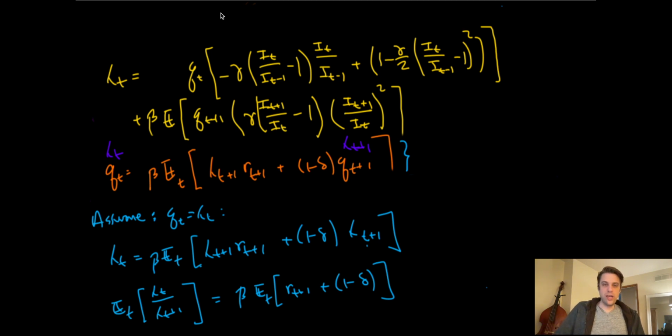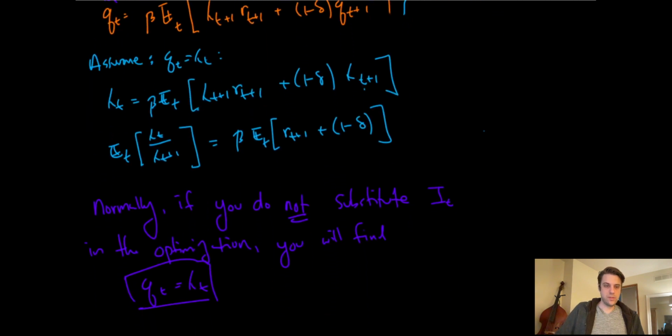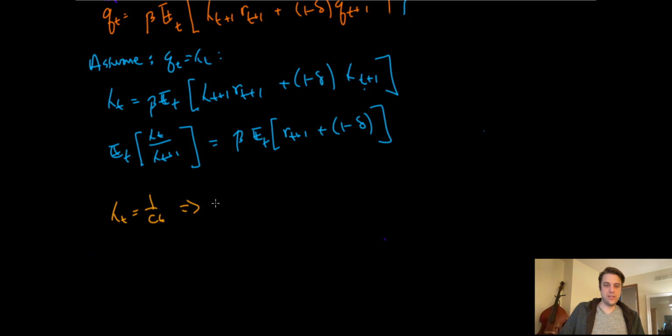And once we plug in our expression for lambda t, we already made this point. Once we plug in our expression for lambda t, then we'll see that we get the typical Euler equation back. So remember that lambda t is equal to 1 over ct, which implies that lambda t plus 1 is equal to 1 over ct plus 1.